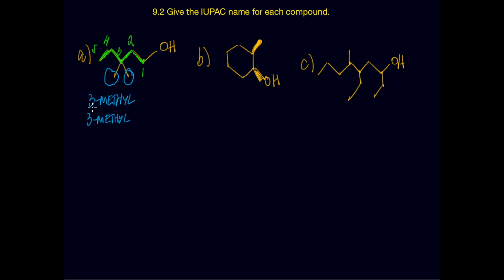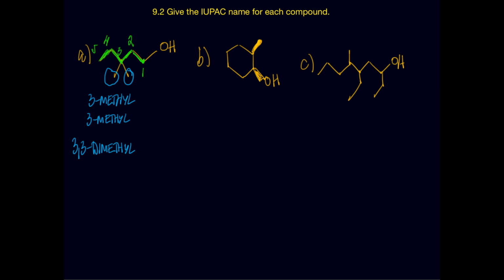And then we want to alphabetize the substituents. Here, of course, there's only one substituent, so we don't need to really worry about this. This is going to be 3,3-dimethyl. Remember, when you have 2 methyls, you need 2 numbers for each of them, and we use di to shorten this out. So we wouldn't say 3-methyl, 3-methyl. We would say 3,3-dimethyl.